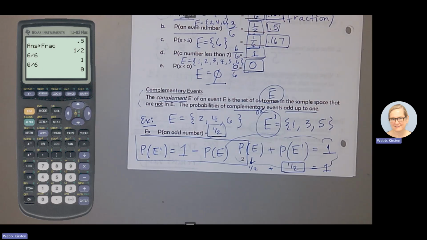Complementary events is something we'll see a little bit more of down the road. For now, we want to start getting used to the definition and be able to answer questions like this. When we get our homework paper out, we can find something similar.